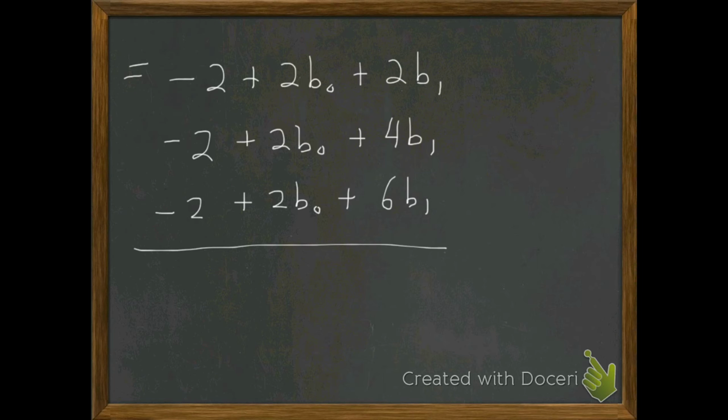Alright guys, putting all this together, it looks like we're going to get negative 6 plus 6b0 plus 12b1.